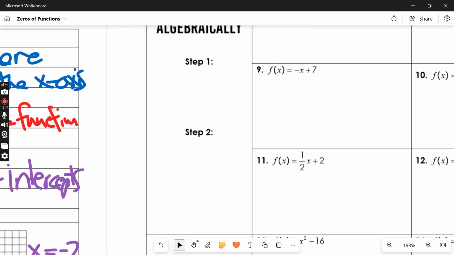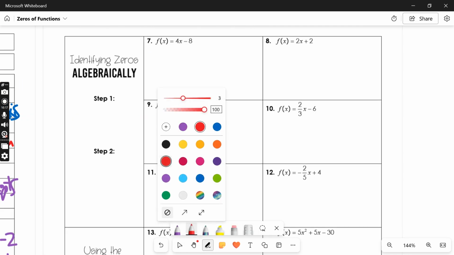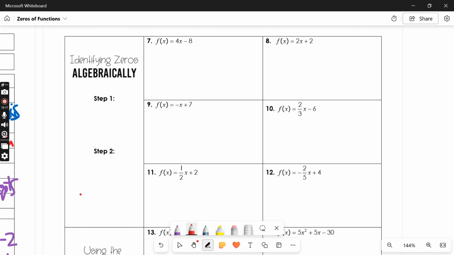Okay, so then we're going to talk about how we find these algebraically. Algebraically takes a little bit longer. So step 1, set equal to 0.